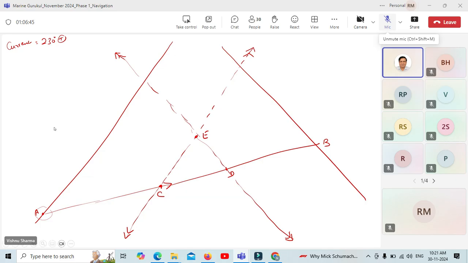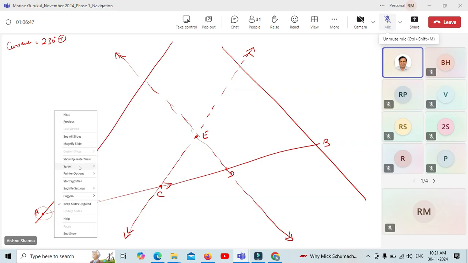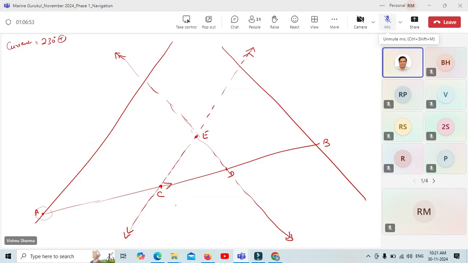You realize that your current is 230 and it is not cutting the third transferred PL. That means your plot should have been on the other side of E, and E is not going to change position. So what you have to do? Just take A on the other side of E. Don't rub anything right now. Then draw the CTS through it.